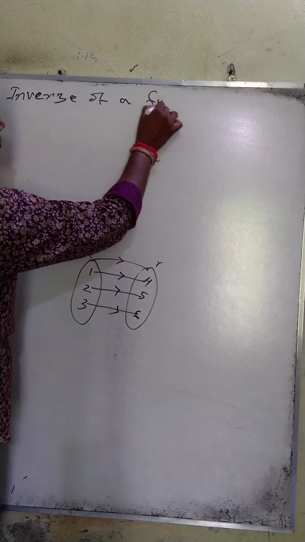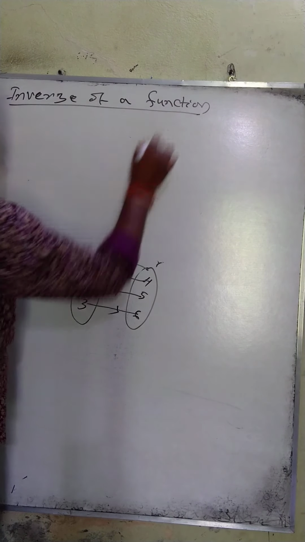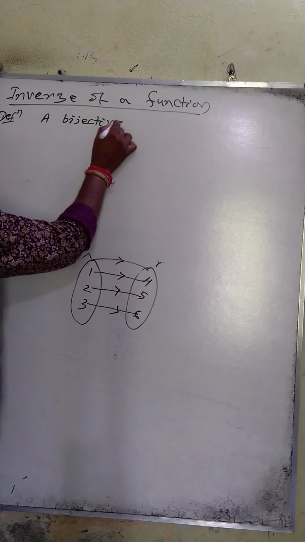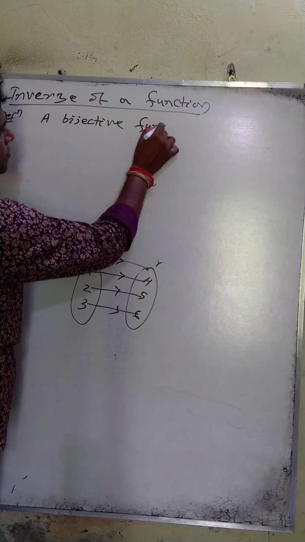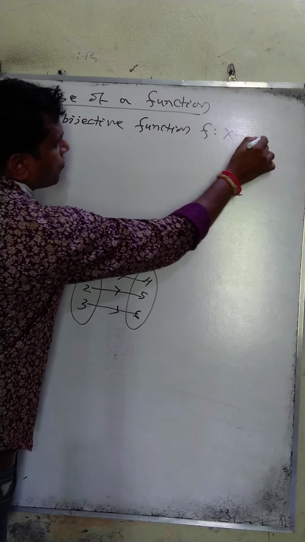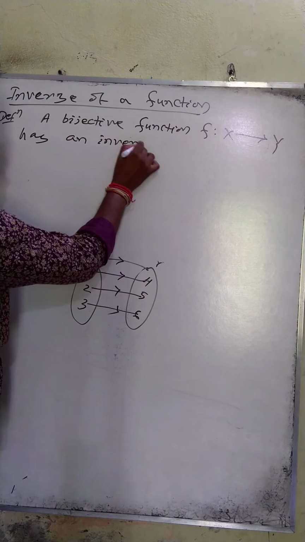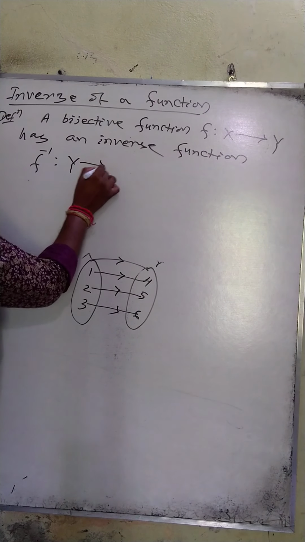Definition: a bijective function, bijective means one-one and onto, a bijective function f: X to Y has an inverse function f to the power -1 or f inverse: Y to X.